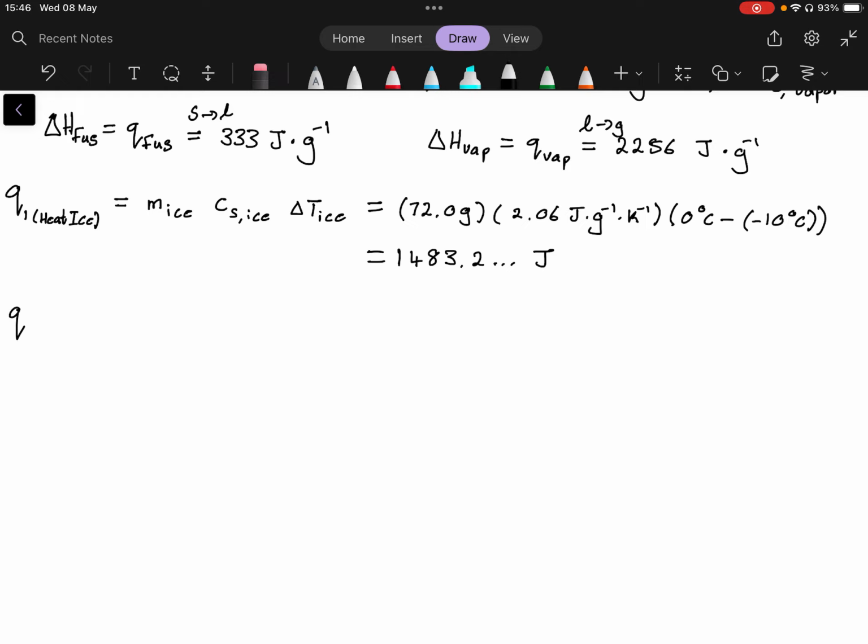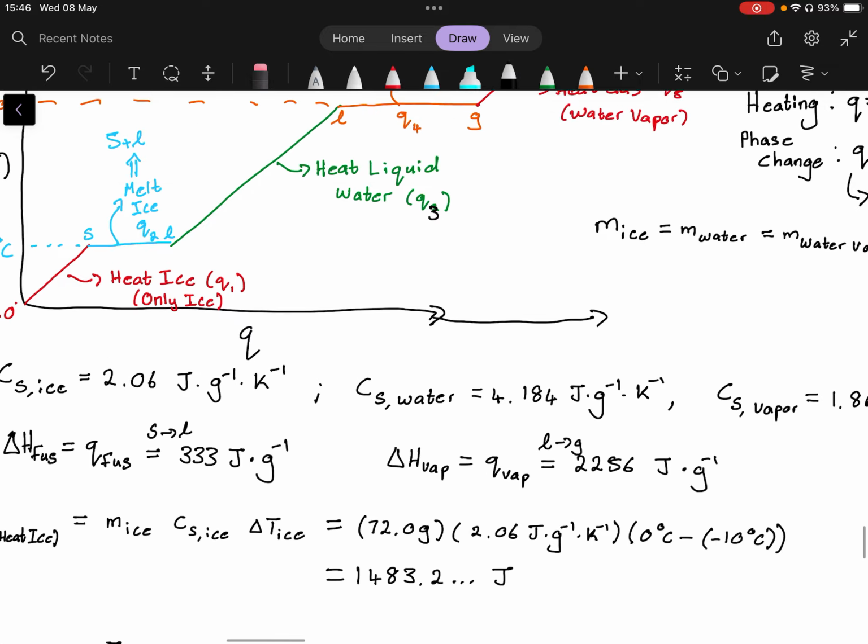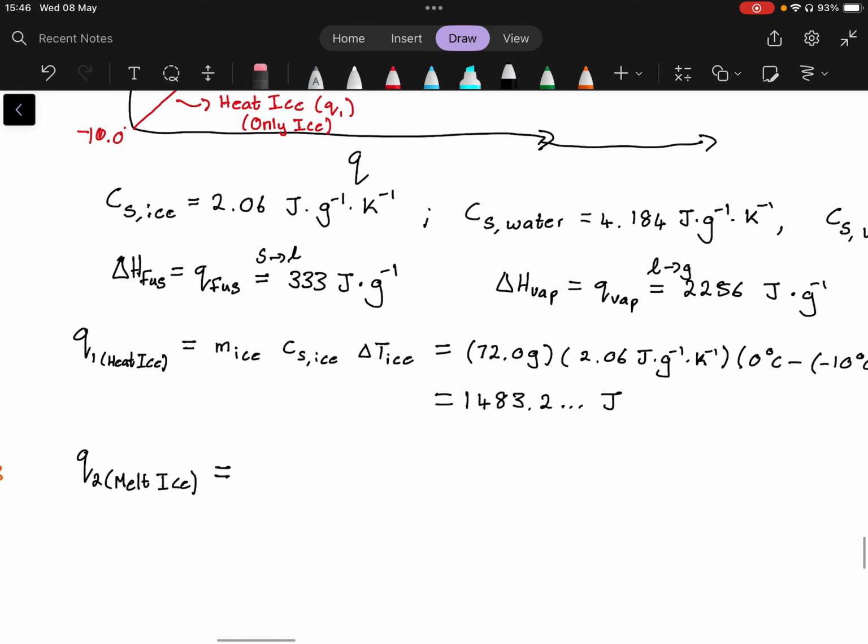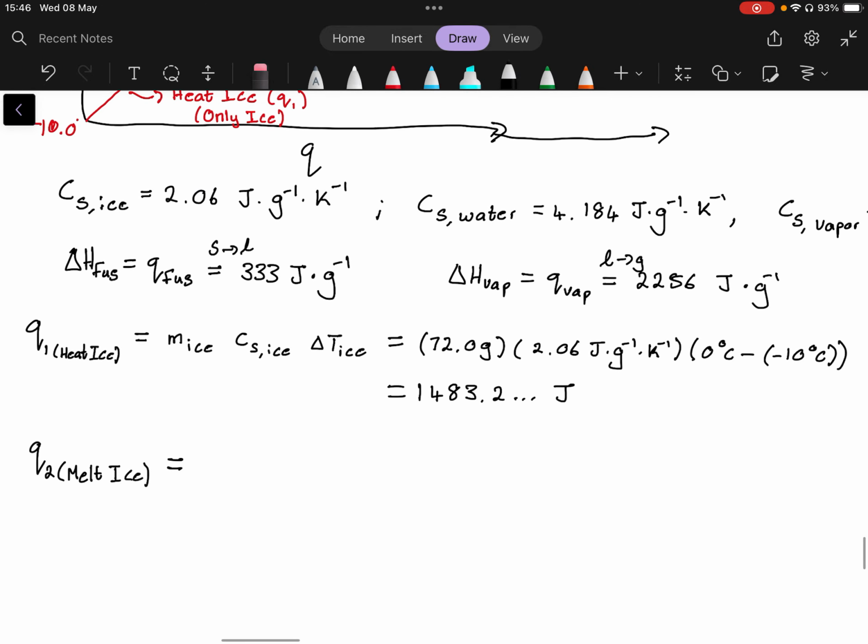So what's our next step? What is our second heat? Well, that is when we melt the ice. To melt ice, in other words, for it to undergo a phase change, we use M delta H. So it's the mass of ice times delta H of fusion.